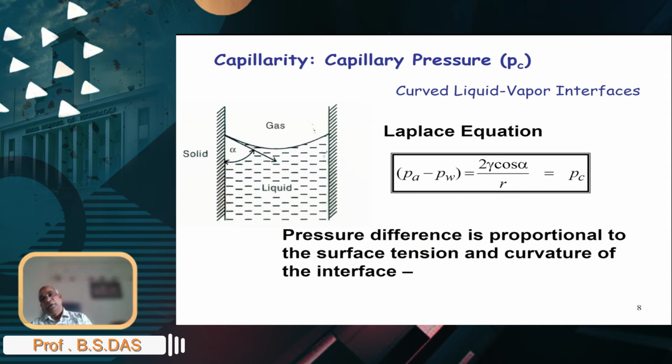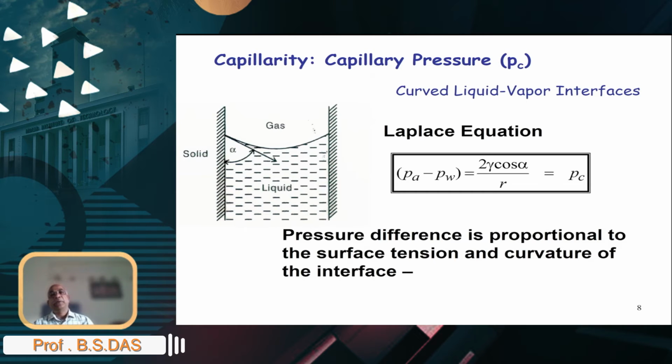So it's kind of concave upward, and again Laplace for this kind of an interface has shown that the difference in the pressure across this interface, PA minus PW, which is called the capillary pressure, is directly proportional to the surface tension and inversely proportional to the radius of the curvature.